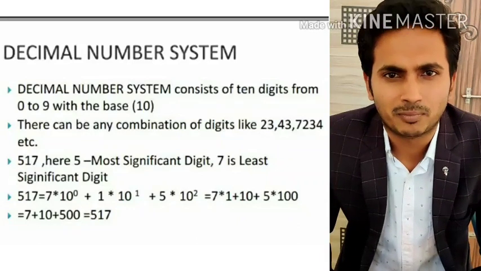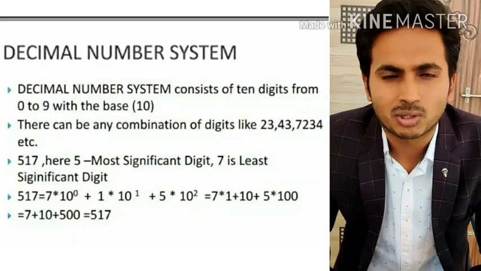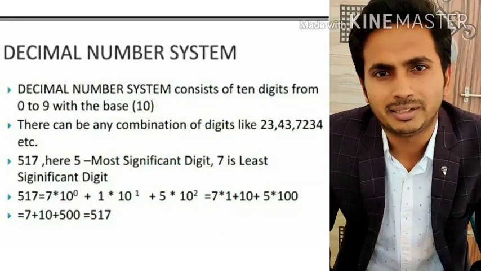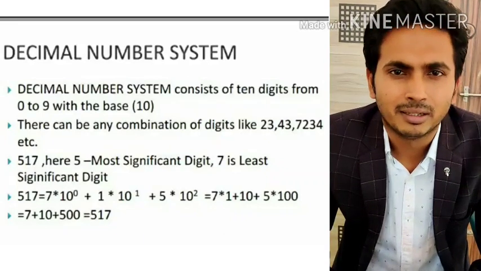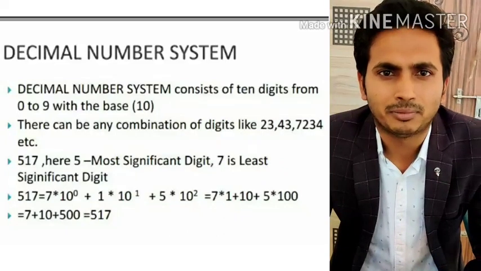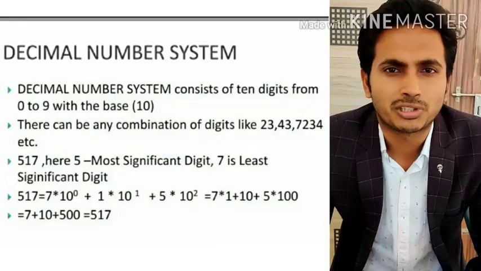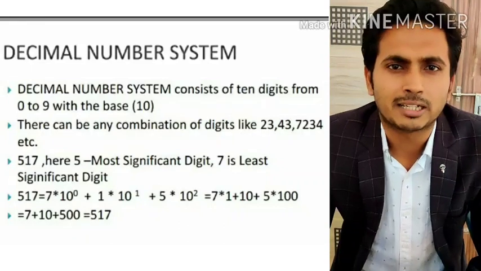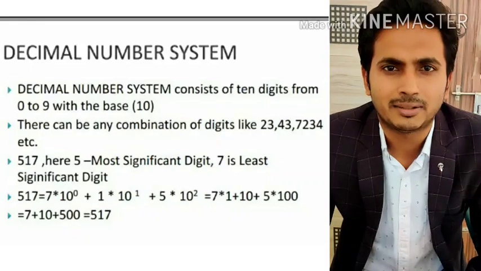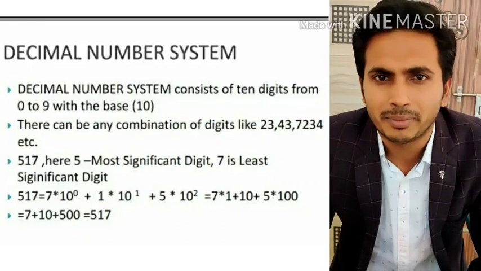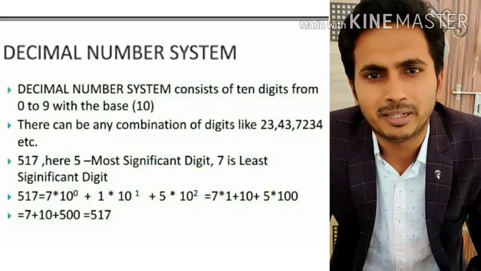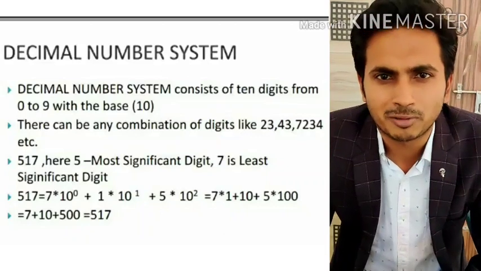Then the second digit is 1, its position is 10, so we multiply 1 with 10, and that makes 10. The last is 5. Its face value is 5 and its place value is 100, so we multiply 5 with 100, and 5 into 100 makes 500. 1 into 10 makes 10, and 7 into 10 to the power 0 makes 7.